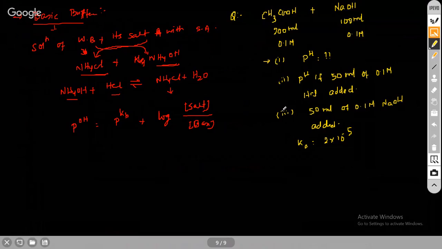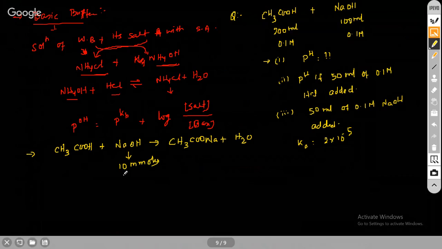Suppose I write down here, the reaction is CH3COOH plus NaOH gives you CH3COONa plus H2O, right? So 0.1 into 100, so we have actually here 10 millimoles of NaOH.